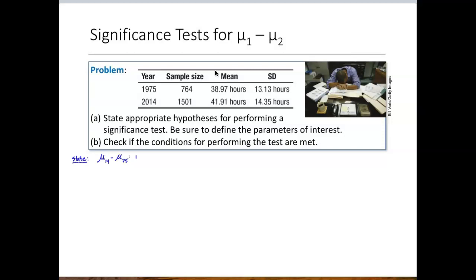So true mean difference in hours worked per week. And I'm just going to make a note, that's 2014 minus 1975, right?